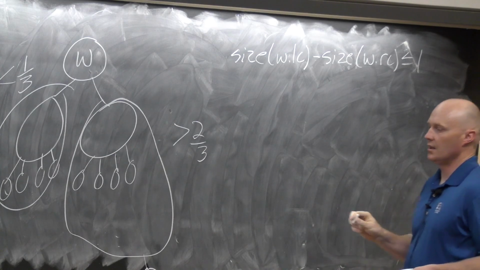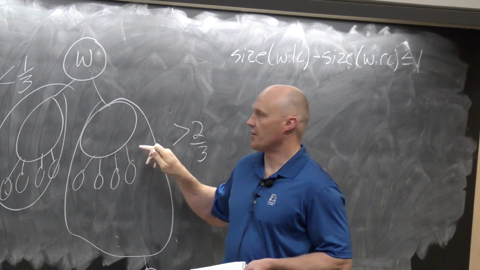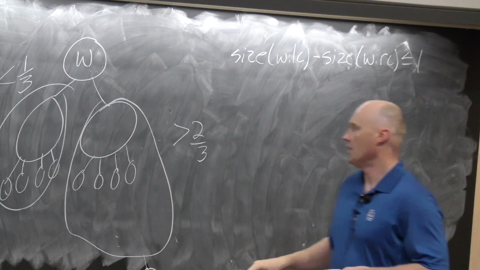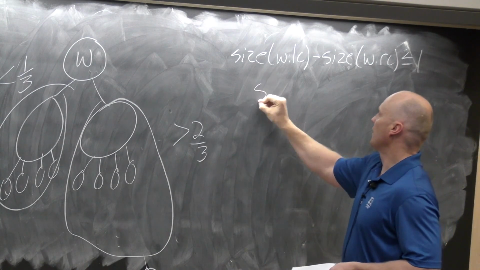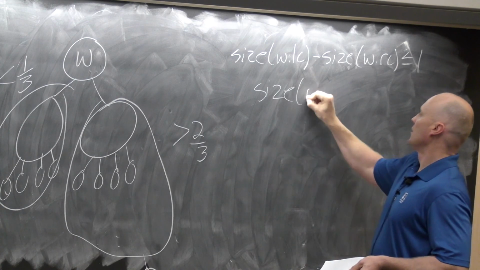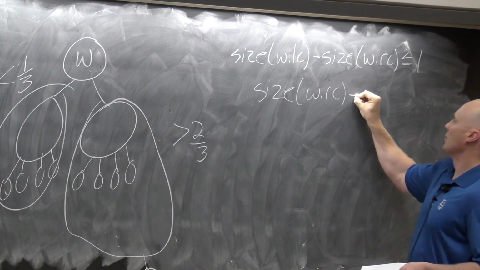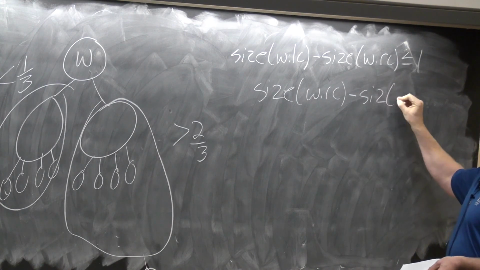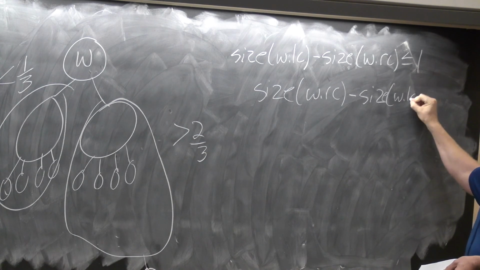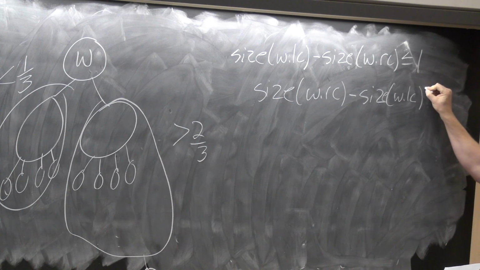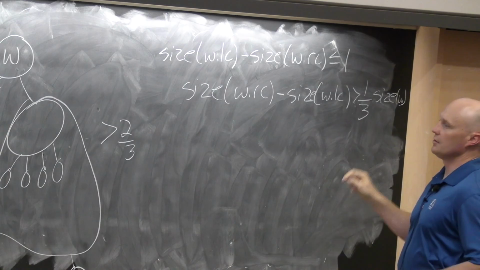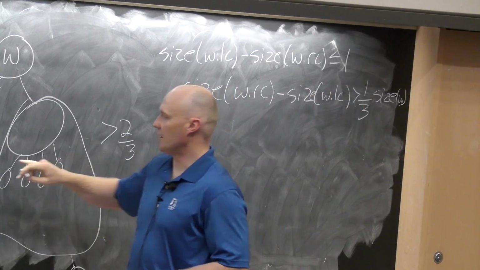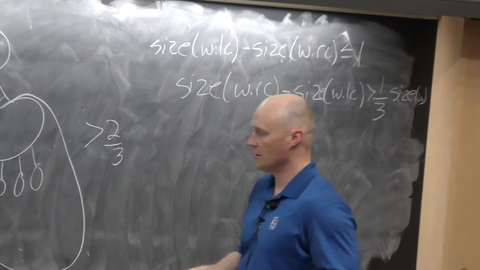So the size of the right child minus the size of the left child here is at least 1/3 the size of W, because this is at least 2/3 the size of W, and this is at most 1/3.